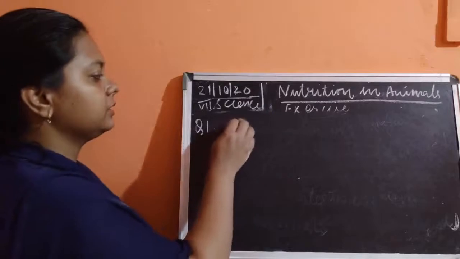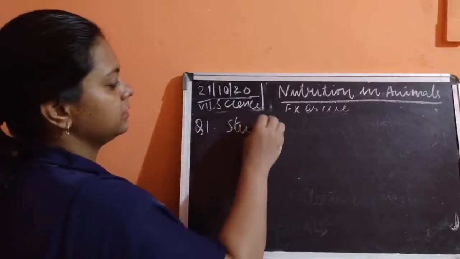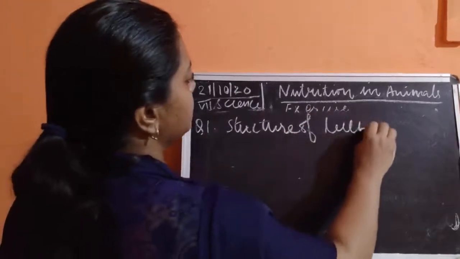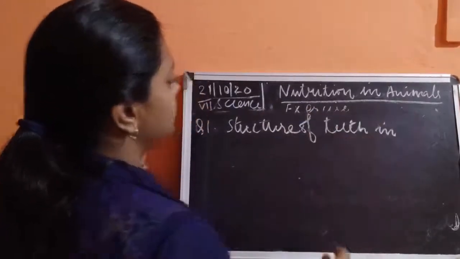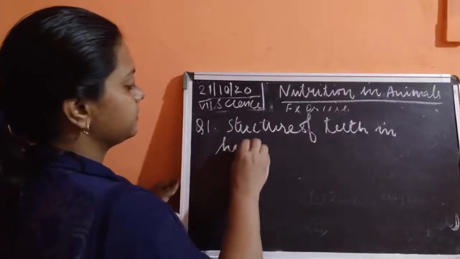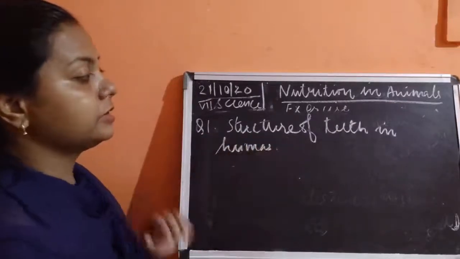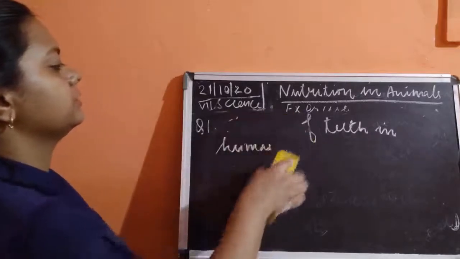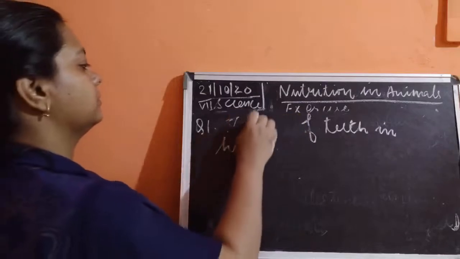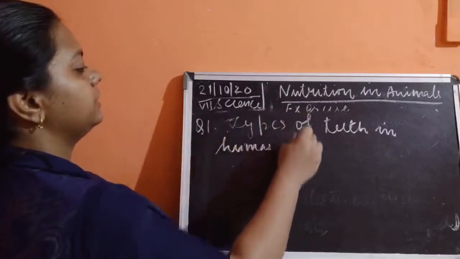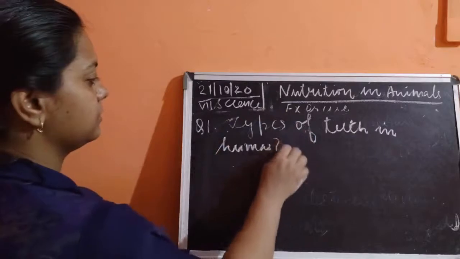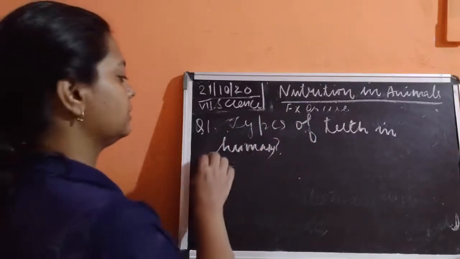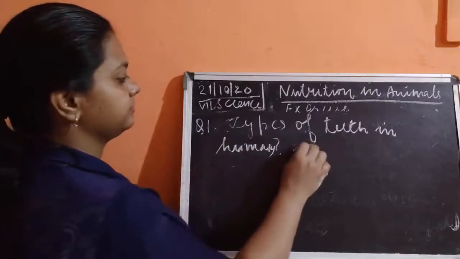Question one: describe the structure of teeth, or the types of teeth, with their functions. Name the types of teeth in humans. Types of teeth in humans. You have to describe it.